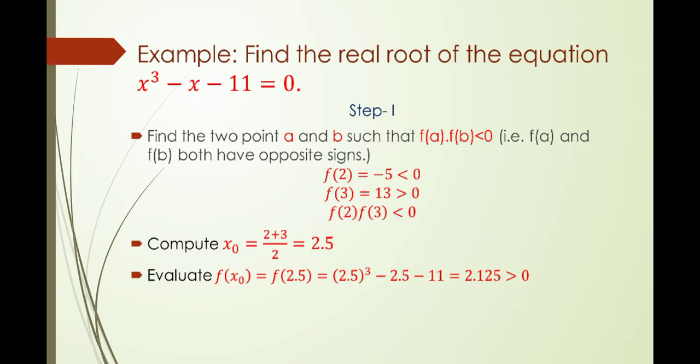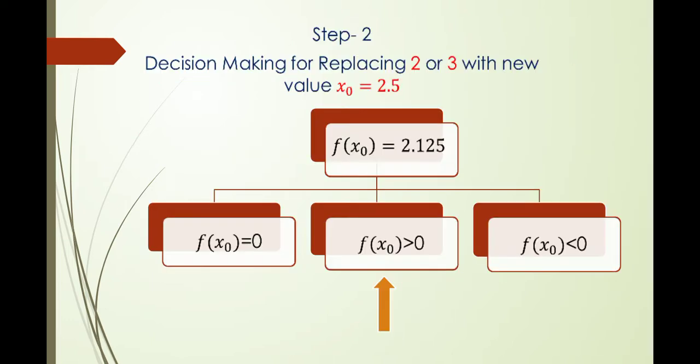Here the degree of the equation x cube minus x minus 11 is equal to 0 is 3, that is, it has 3 roots, so you can choose another 2 points. Then we get the root of the given equation other than 2.3 or 2.37. So we compute f of x0, which is equal to 2.125.